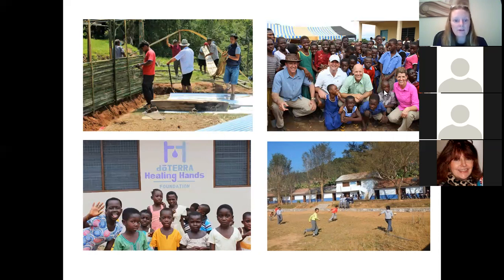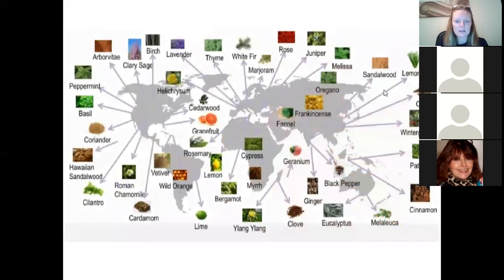So now they get a fair and on-time payment for the plants that they produce, and a lot of education is being put into place to make sure that the next generation and the generation after that really are able to continue growing and making sure that the oils are available for everybody to use. So that's where this slide comes in.